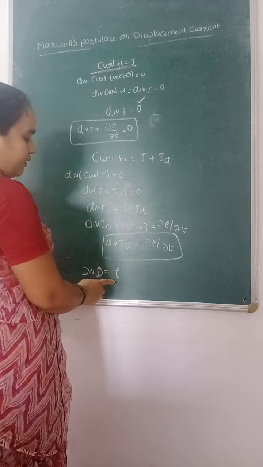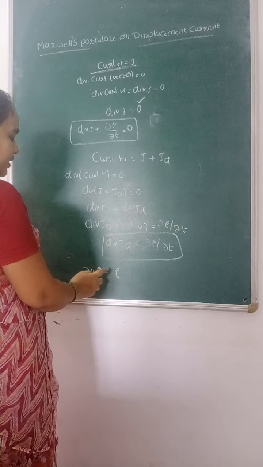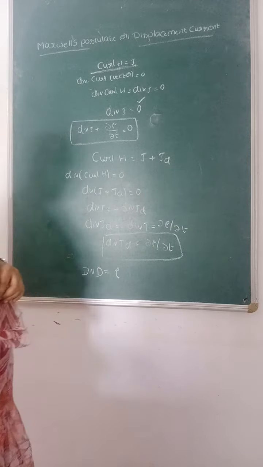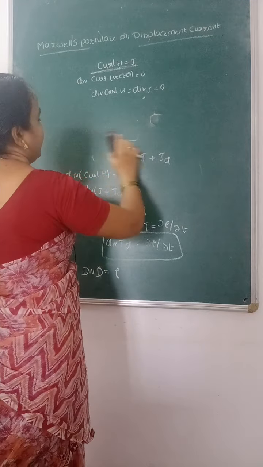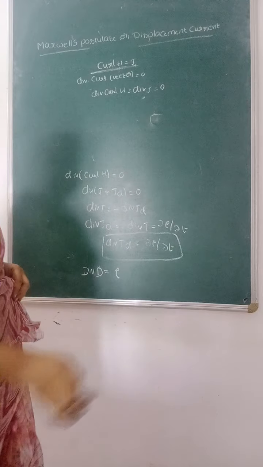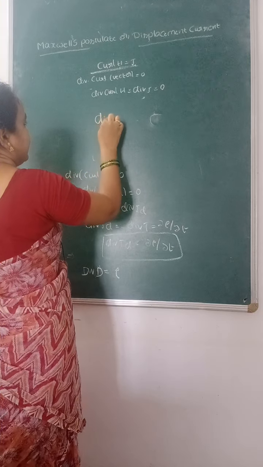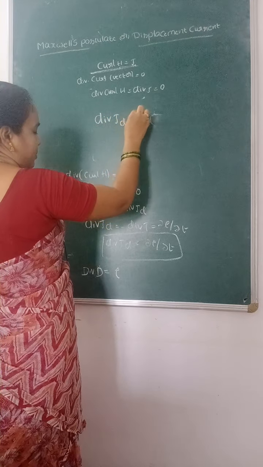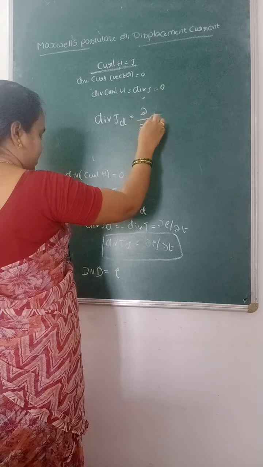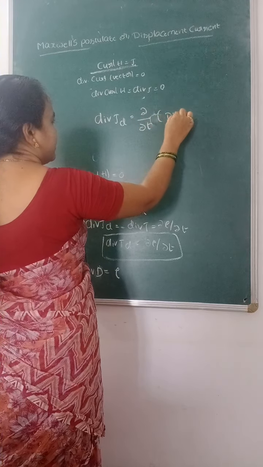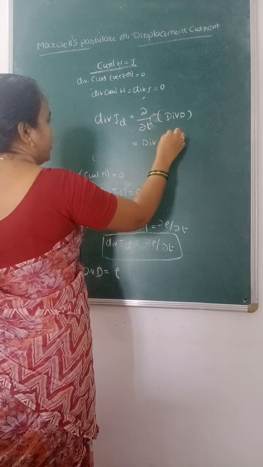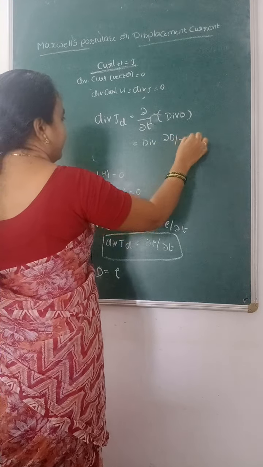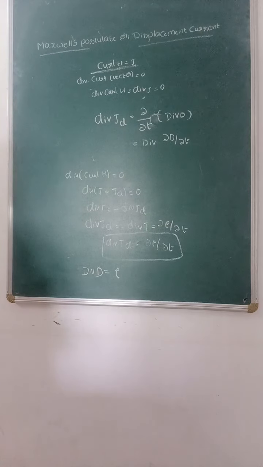So here we replace rho with divergence of D. Then divergence of JD is equal to dou by dou t of rho, and rho is divergence of D, that is, divergence of dou D by dou t, where D is called the displacement.